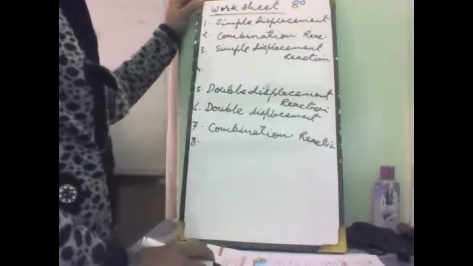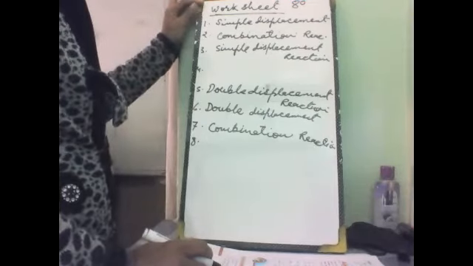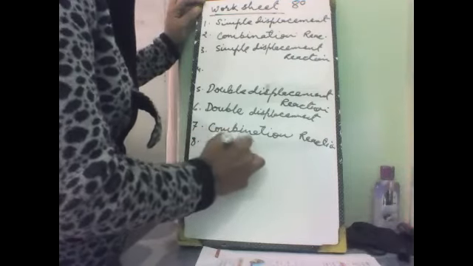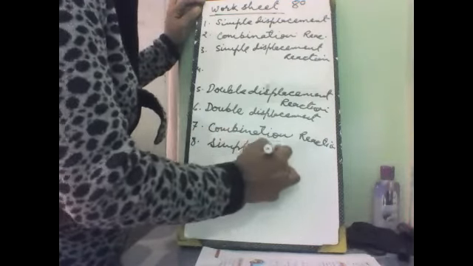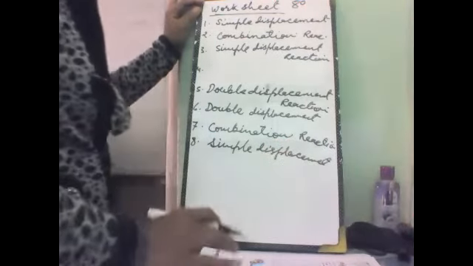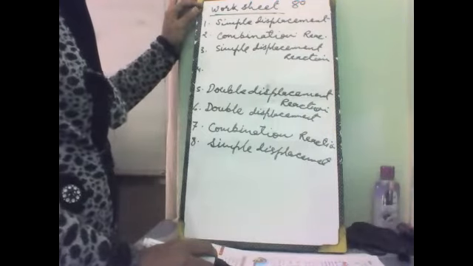Copper sulfate reacts with iron to form ferrous sulfate and copper. It's a simple displacement reaction. Simple displacement reaction.